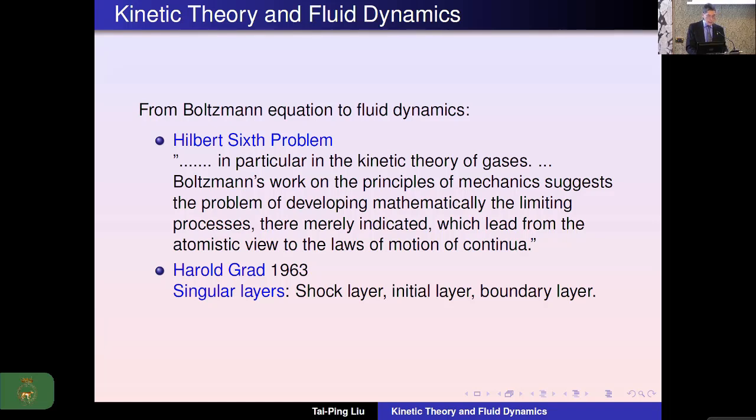Now, Harold Grad of NYU in 1963 said, okay, Boltzmann and fluid dynamics are related, rather reasonably, and Hilbert, the great mathematician, actually initiated such thinking. However, there are very crucial places, called singular layers, which need to be studied in order to bridge these two very distinct descriptions of gas motion.